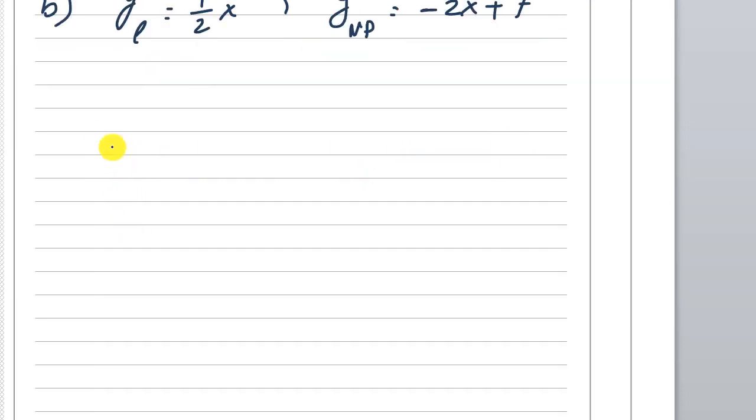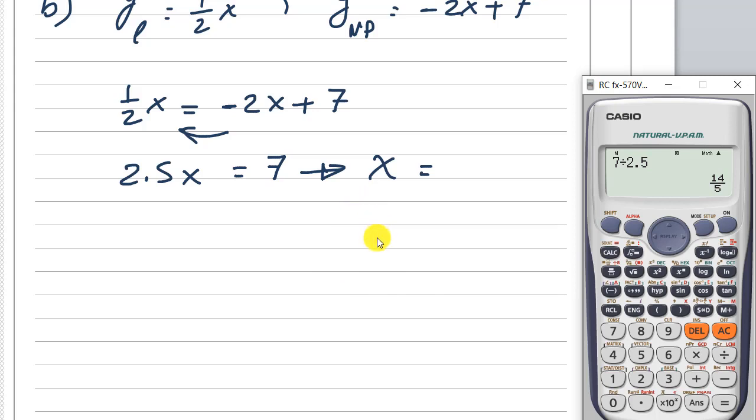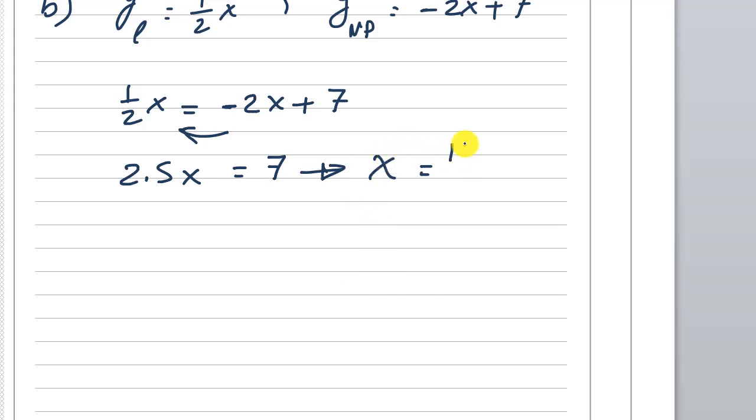Let us make the two equations equal. So half x is equal to minus 2x plus 7. So 2.5x is equal to 7. So from here x is equal to 14 divided by 5.